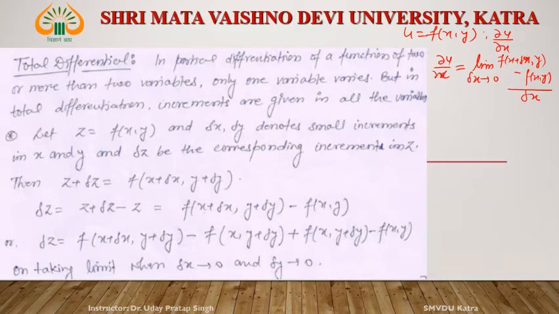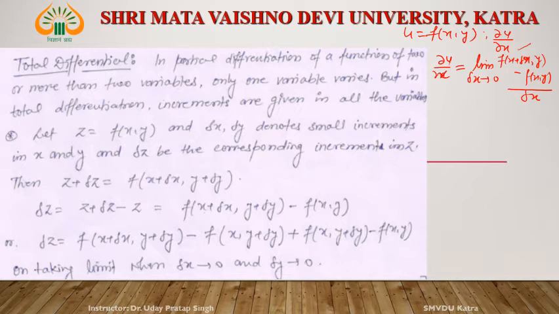It means when we are differentiating any function of two or more variables with respect to one variable, then we treat the other variable as a constant. Right? See here, we are differentiating u, that is f(x,y), with respect to x. Then in partial derivative only the x variable changes, while taking the other variable as a constant. Right? This is the definition of partial derivative.